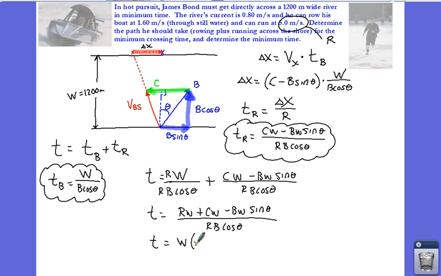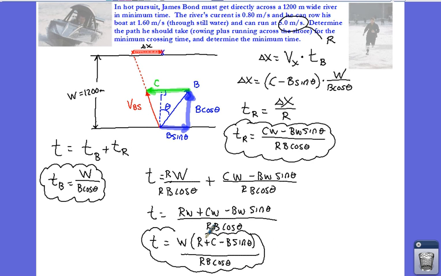Let's write it as W times (R plus C minus B sine theta) all over RB cosine theta. The value of doing this is that now we have an equation for time that depends on given values, like the width of the river, the run speed, the speed of the current, and the boating speed. But the time is dependent on that angle theta.